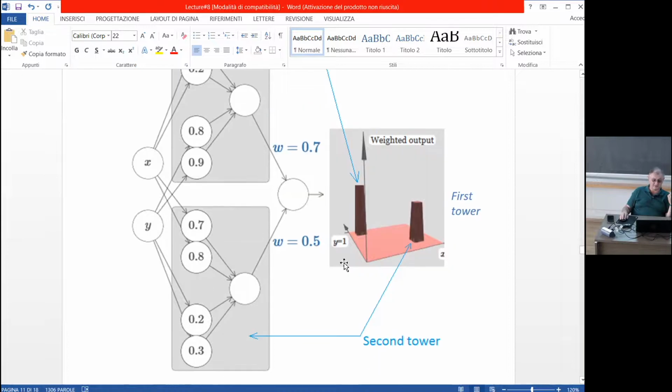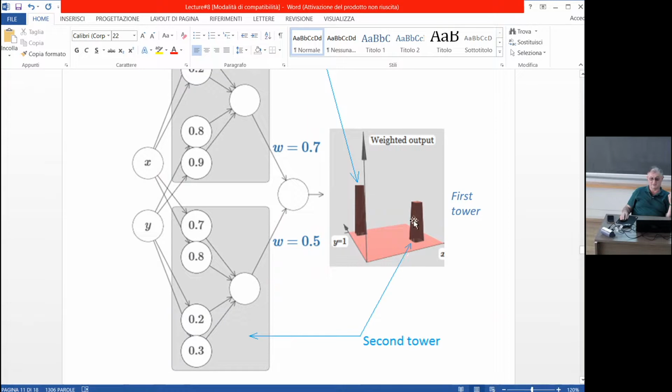And the second tower is the same thing. You see, it begins 0.7 and ends 0.8, and then by y 0.2 and ends 0.3.